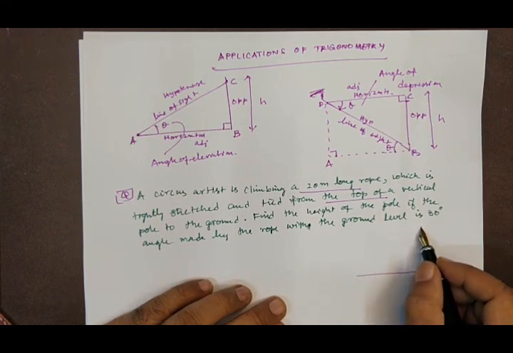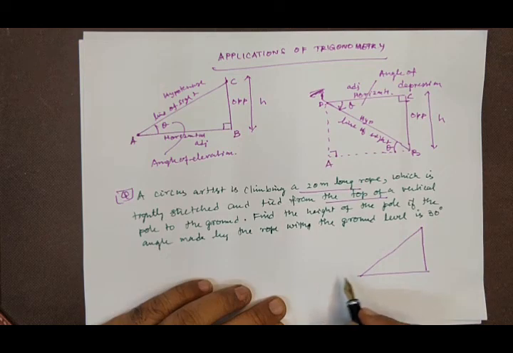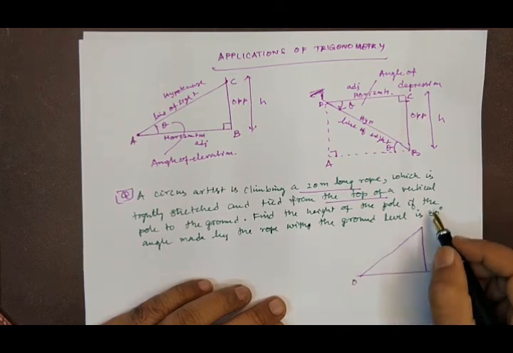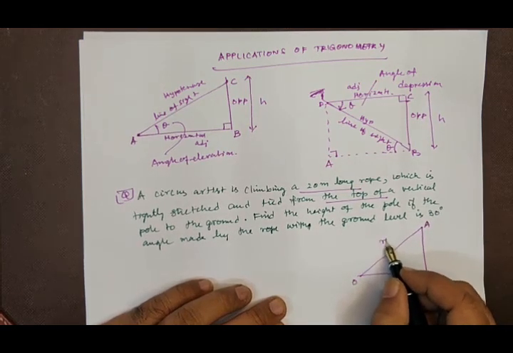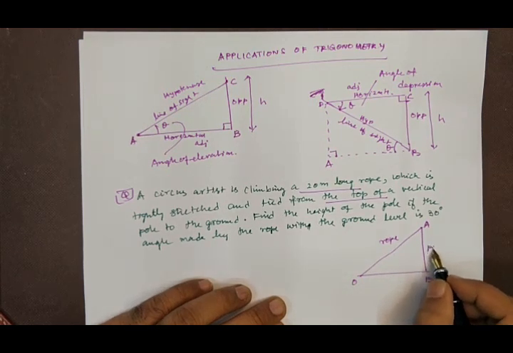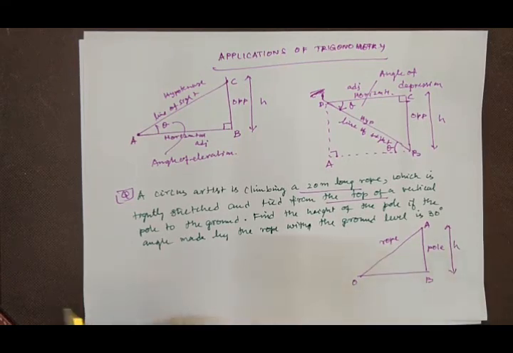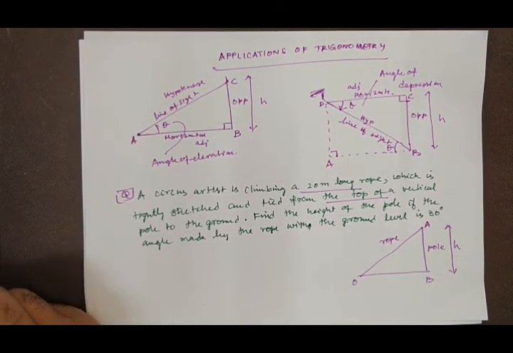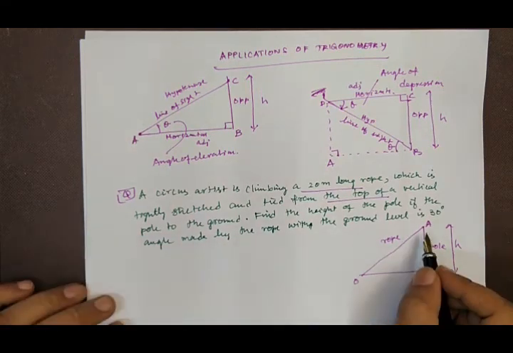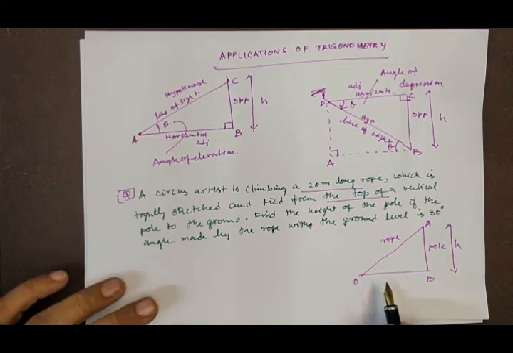Now they have tied the rope from the top to the ground. Are you able to follow? So let me consider this is O and this is A. So OA is the rope and AB is the pole height. AB is the height. You can put H. Okay. OB is the earth.